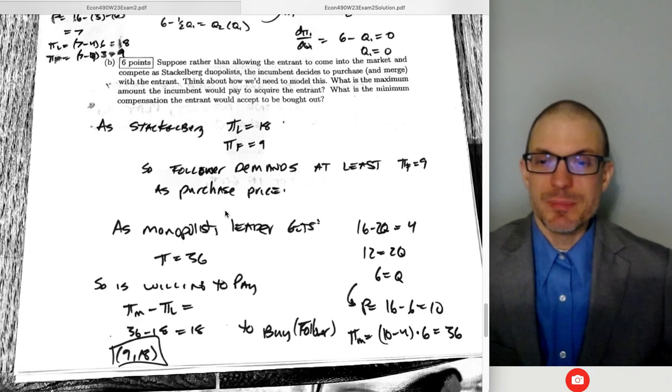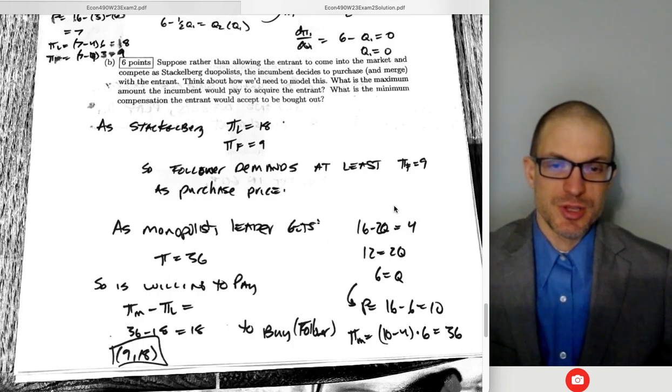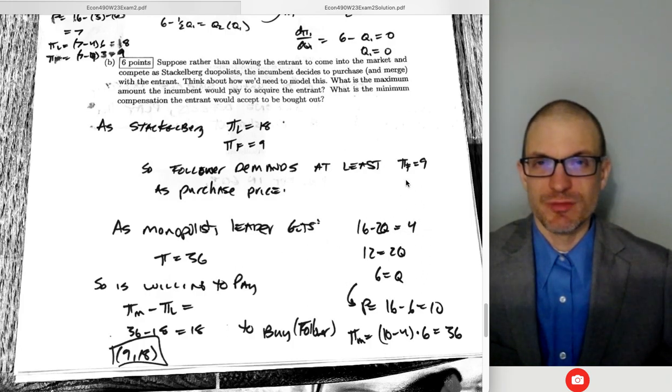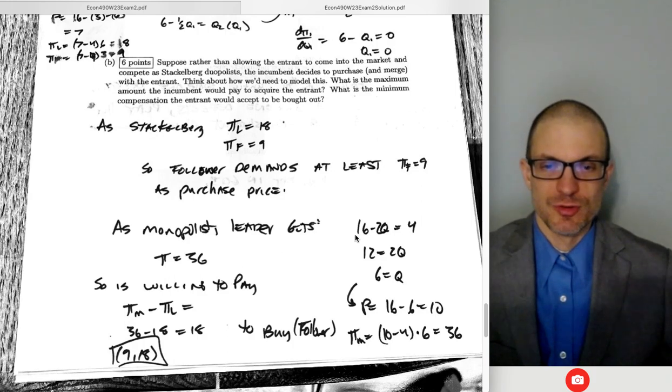Now, as a monopoly, the leader is going to get profits of 36. That was from MR equals MC, solving for the monopoly quantity, monopoly price and monopoly profits, right? So the inverse demand was 16 minus Q. So marginal revenue has the same vertical intercept, but twice the slope, right? So 16 minus 2Q is equal to 4, my marginal cost. 16 minus 4 is 12 equals 2Q.